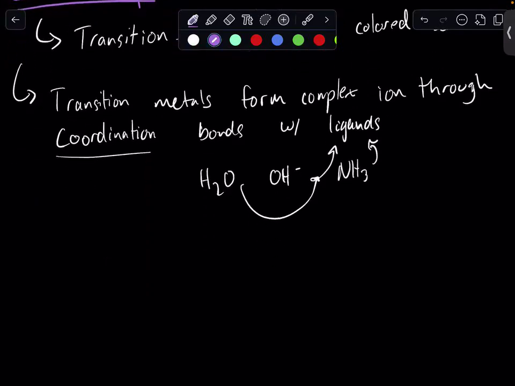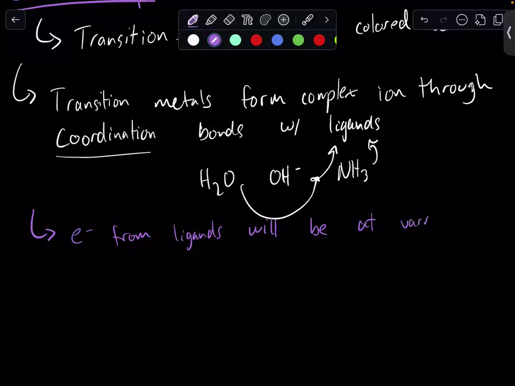And the big thing here is that when this happens, electrons from ligands will be at varying distances from electrons in d orbitals of the transition element.